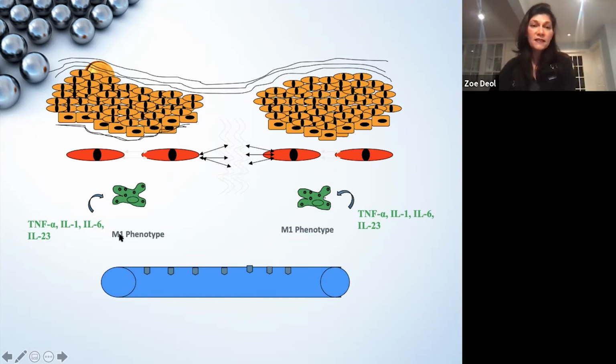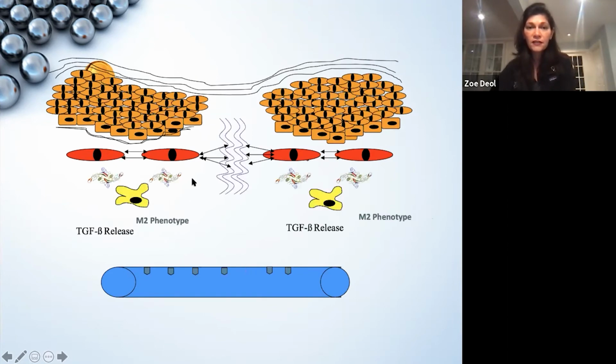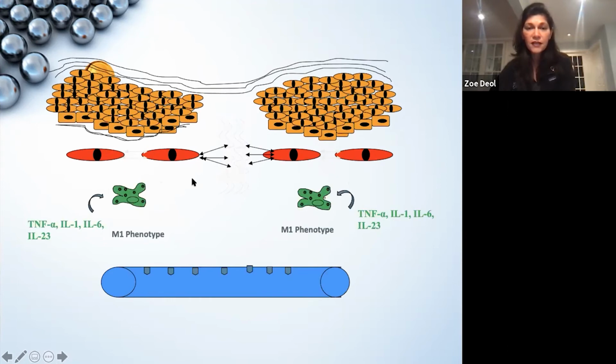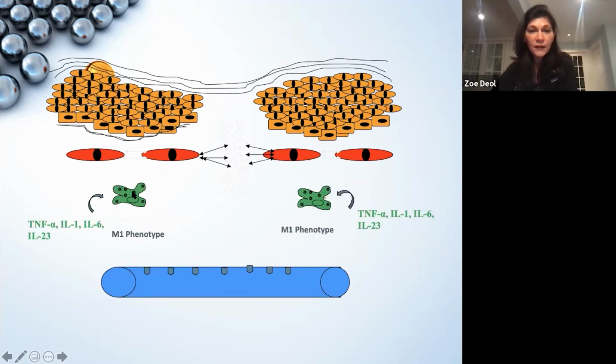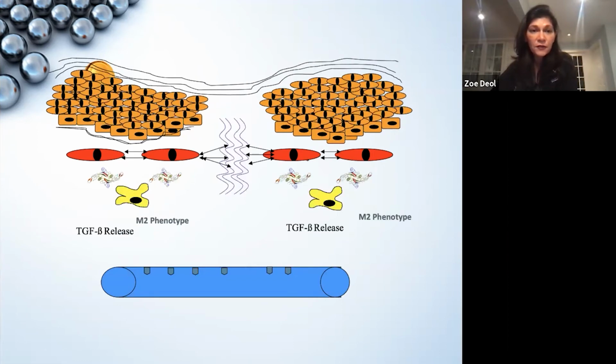That causes these M1 phenotypes to upregulate, so you'll see more and more of those, and the dead tissue is destroyed. Now, the tumor necrosis factor alpha will also stimulate the M1s to transform into M2s, the tissue remodeling macrophages. The M2 phenotype releases those little granules, and those granules are transforming growth factor beta.